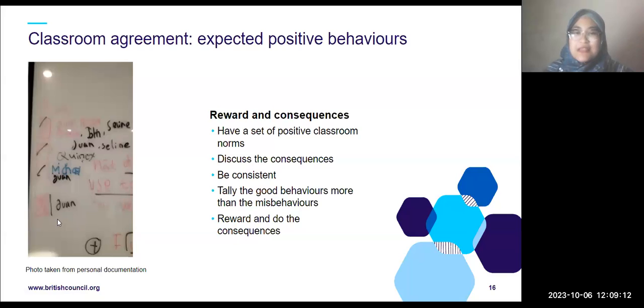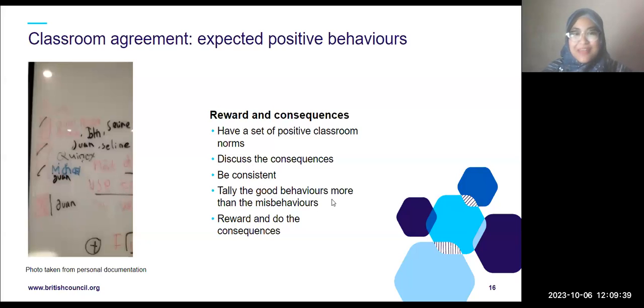The challenge with this is to be consistent. It's very easy for teachers to throw out an idea of classroom rules, but then we are not consistent with the consequences or the rewards. Tally or document good behaviors more than misbehaviors.